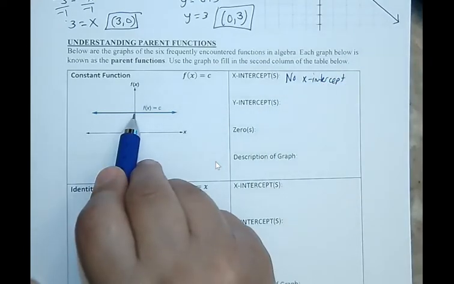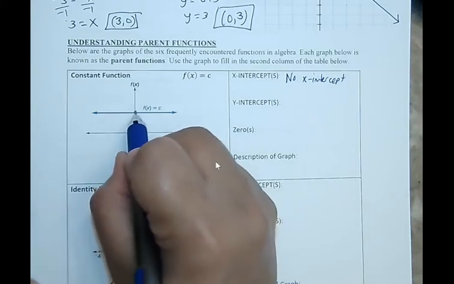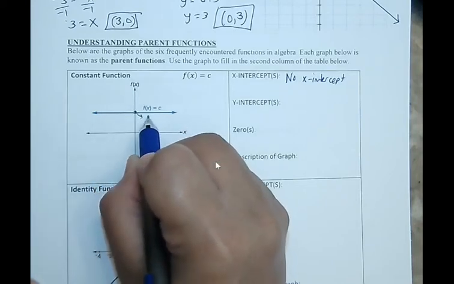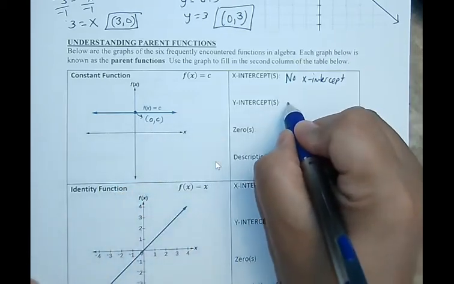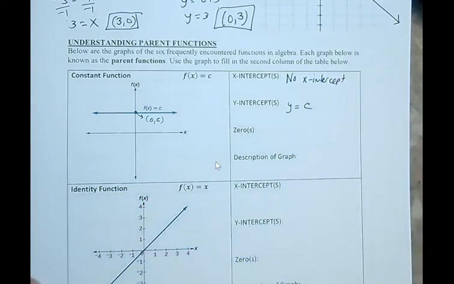The y-intercept is going to be at this point right here, and this point is just 0 and some number c. So we can say that the y-intercept is at y equals c. And the zeros, remember that they are the same as the x-intercepts. In this case, we have no x-intercept, so we're going to have no zeros.